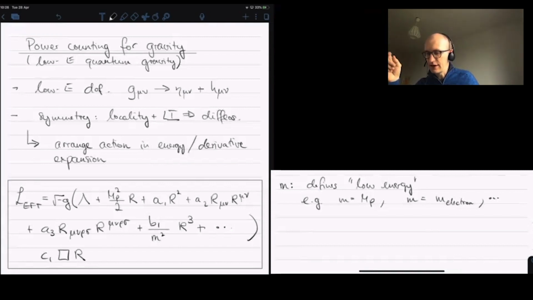That's like a combination here of M Planck and M. And then we had the parameter that gives us the cutoff that was in principle independent. And that's now our little m here. And I'm going to keep it general. Once we do the power counting, you see exactly what is F and what is the other scale in terms of M Planck and little m. And then I'm also going to point out in some specific applications, such as the effective expansion of string theory, for example, what is this little m.